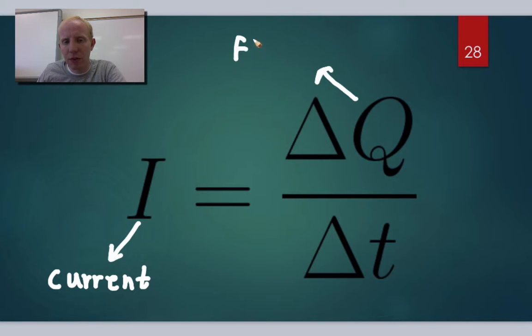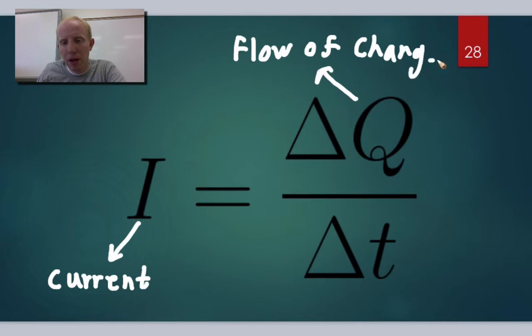Let's call it the flow of charge. So change in Q, or change in charge, or the amount of charge that flows through a certain piece of the wire in a certain amount of time, over the change in time.